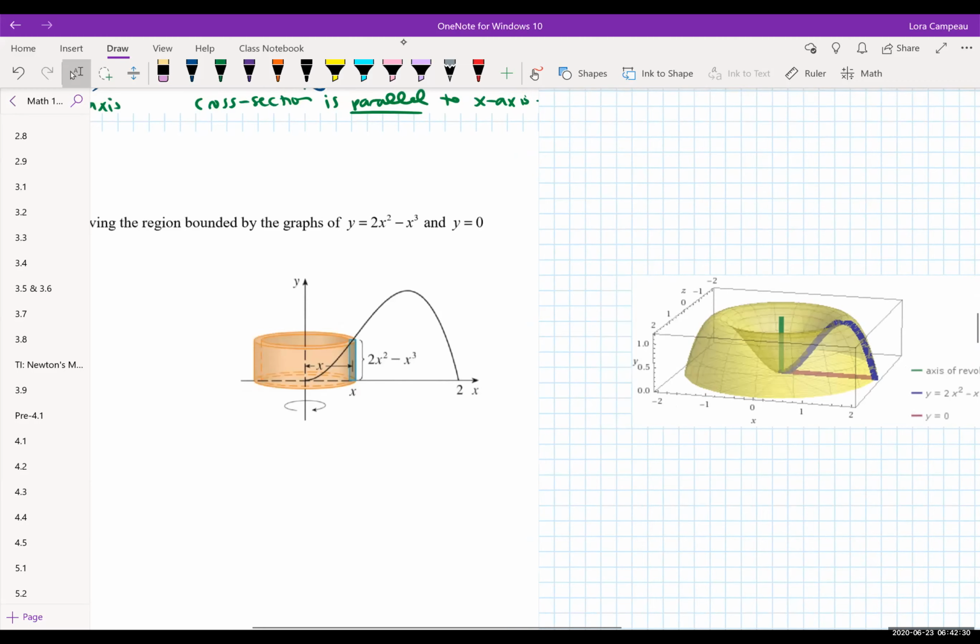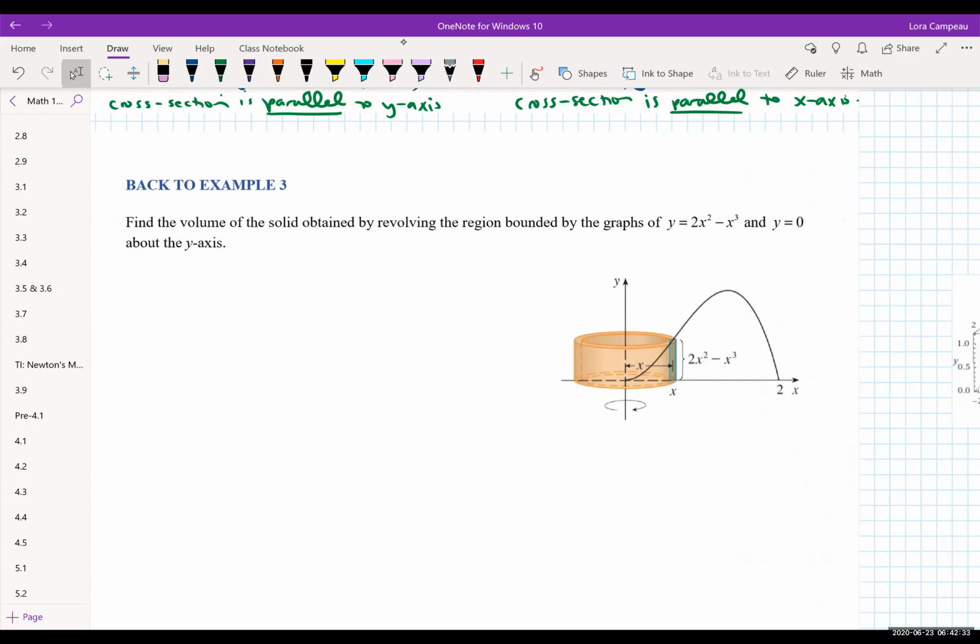So if we do this, finding the volume of the solid obtained by revolving the region bounded by these graphs about the y-axis, if we're using shells, sometimes I'll note to myself, with the shell, it will tell me to use, if I can write correctly, I guess I'm having problems today, here we go.